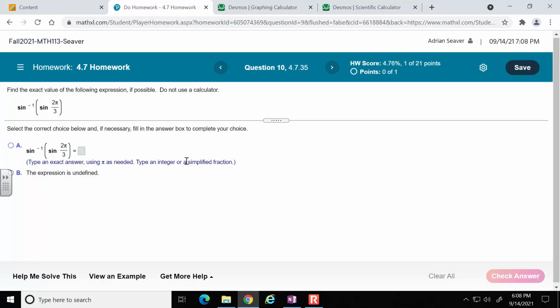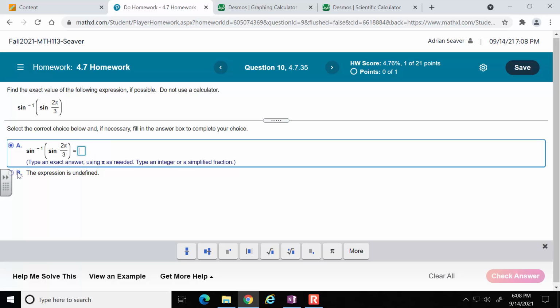What about this one? Inverse sine of the sine of 2 pi over 3. So for this to be true, what did we say? The outer function, inverse sine, is defined between -pi/2 and pi/2, correct? This is bigger than pi/2. Agreed?